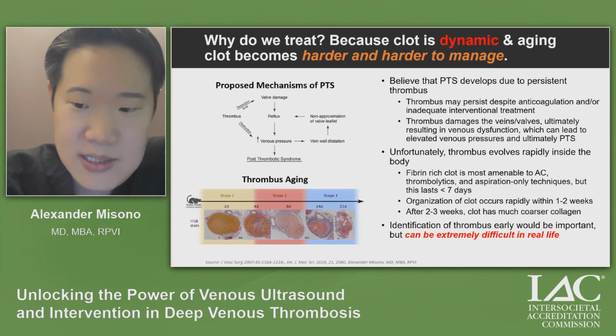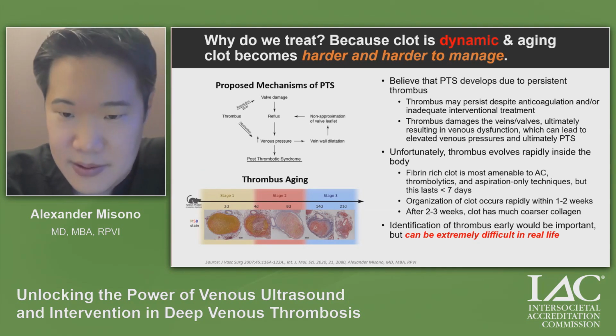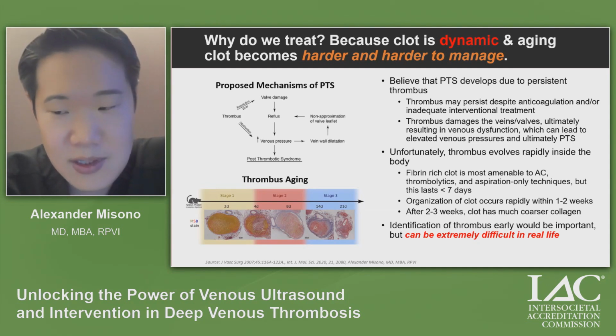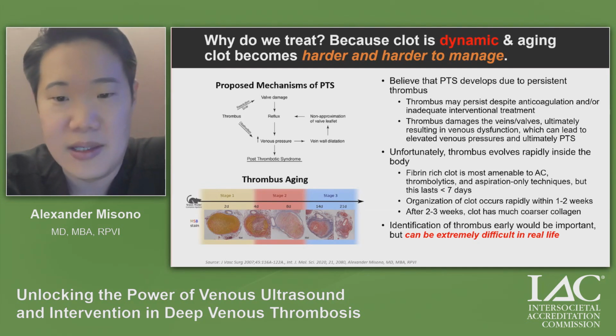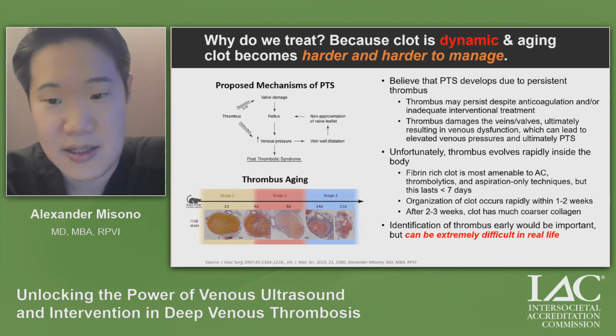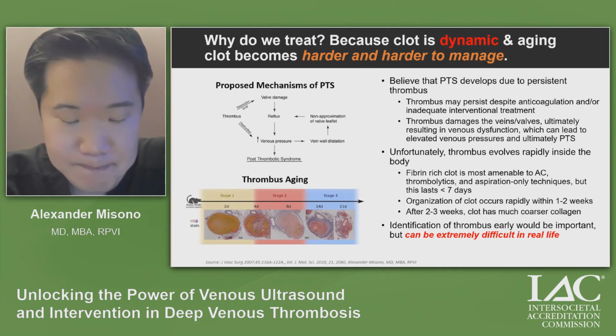PTS develops because of persistent thrombus. So this is clot that has remained within the vessels despite optimal therapy, which, as we saw on the first slide, is regarded by a lot of individuals to be anticoagulation.